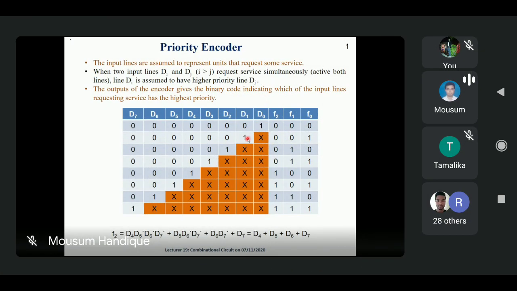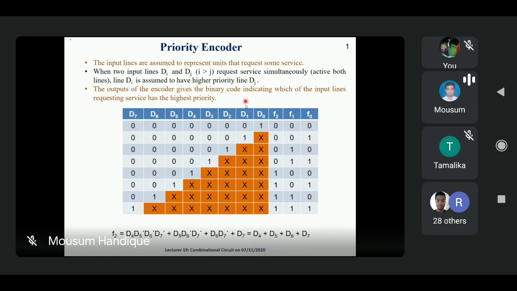Suppose here, D1, instead of 0, this one is 1 and this one is 1. Then there are 2 lines that are candidates to go through the output, but it is not possible because we would violate our encoder properties. So how can we identify which particular line is the actual input for that particular output? Based on that, the priority encoder is generated.